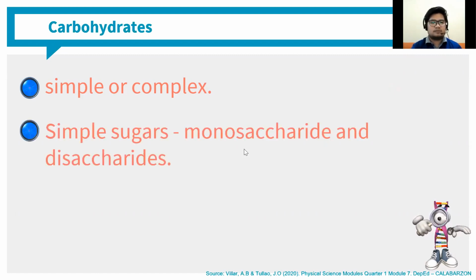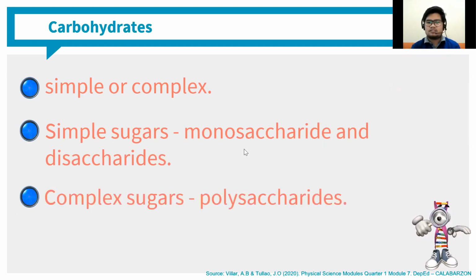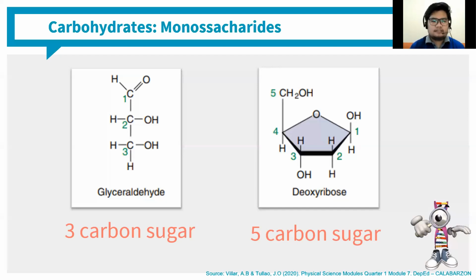Under ng simple sugar, meron tayong monosaccharide and disaccharide. Sa complex sugar naman, meron tayong polysaccharide. The simplest monosaccharide that we have here is a 3-carbon sugar, which is glyceraldehyde. Glyceraldehyde serves as the building block to form larger molecules.